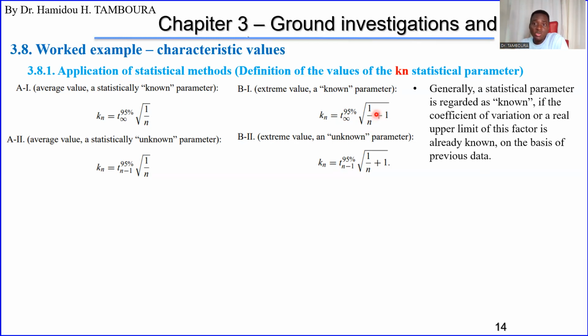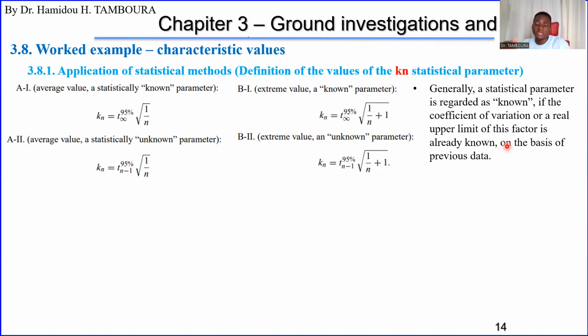That is easy. So generally, when we say a statistical parameter is regarded as unknown or known, we say the parameter is known if the coefficient of variation or an upper limit of this factor is already known on the basis of previous data. Okay, in that case, you can say that it is known.